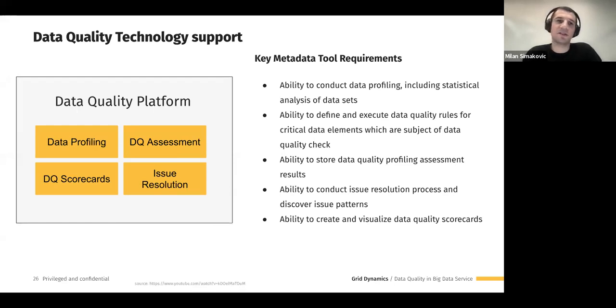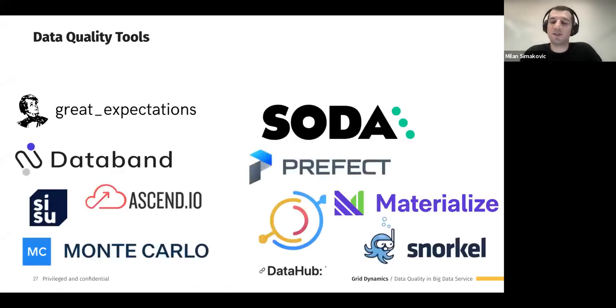So based on those criteria, we were investigating potential tools on the market, and we focused more on open source solutions. And here we are just showing the list of, let's say, proven solutions.